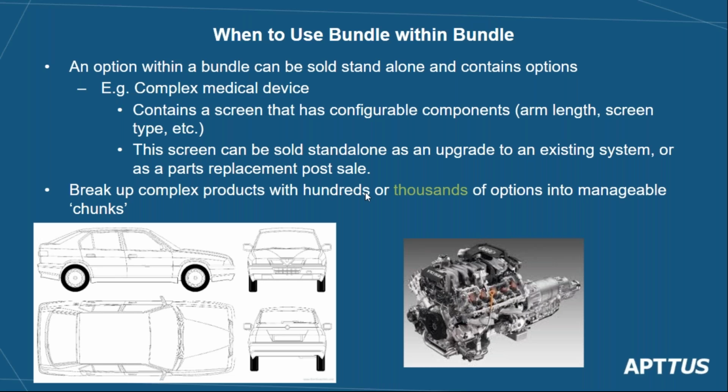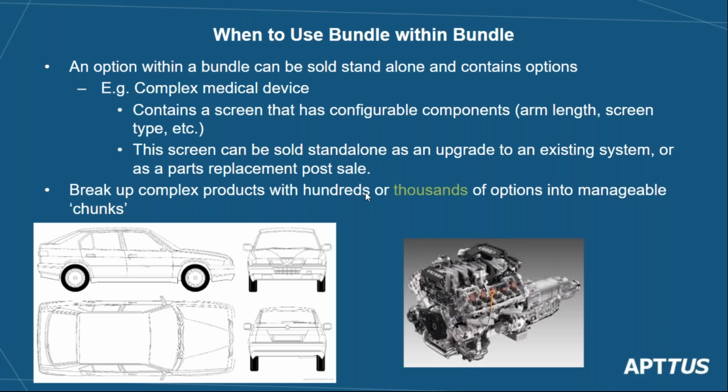Once they select that, they can purchase it as a standalone product. So only the screen type can be purchased, even though it is part of the medical device bundle product. We can purchase it standalone as well.